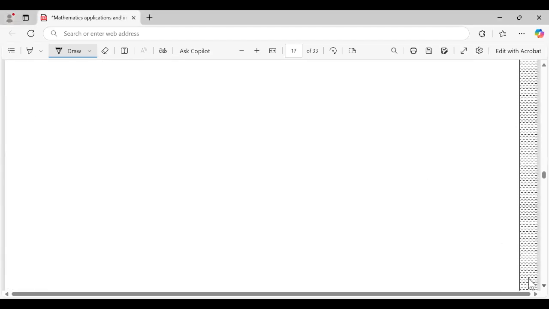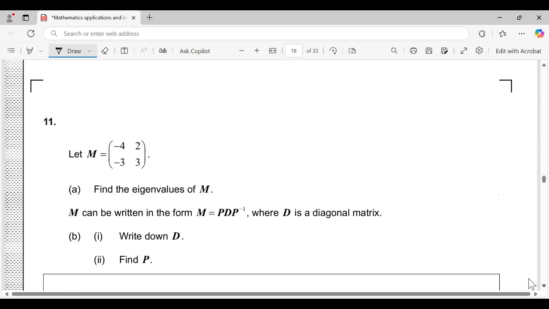Next question, number 11. Let a matrix M be minus 4, 2, minus 3, 3. Find the eigenvalues of M. To find the eigenvalues of M, we need to solve the characteristic equation, which is given by determinant of M minus lambda I equals 0.